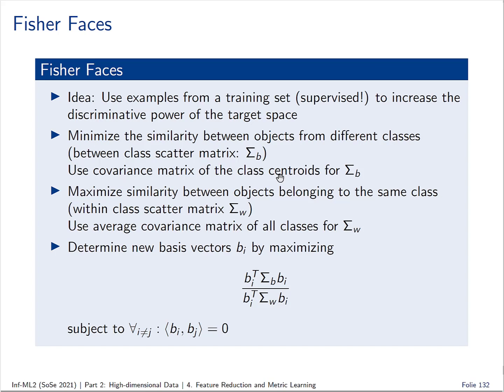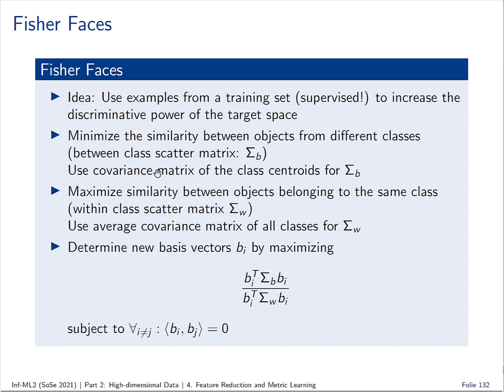We need to have multiple classes, of course, in order to be stable. If we only have a couple of classes, then maybe we use more than the class centroids in order to get stable covariance matrices. But anyway, what do the covariance matrices of the class centroids tell us?